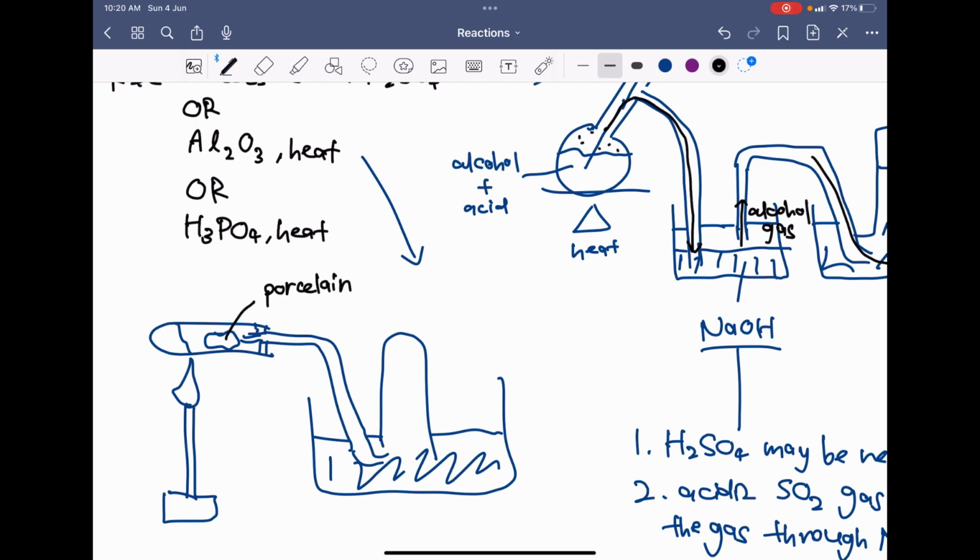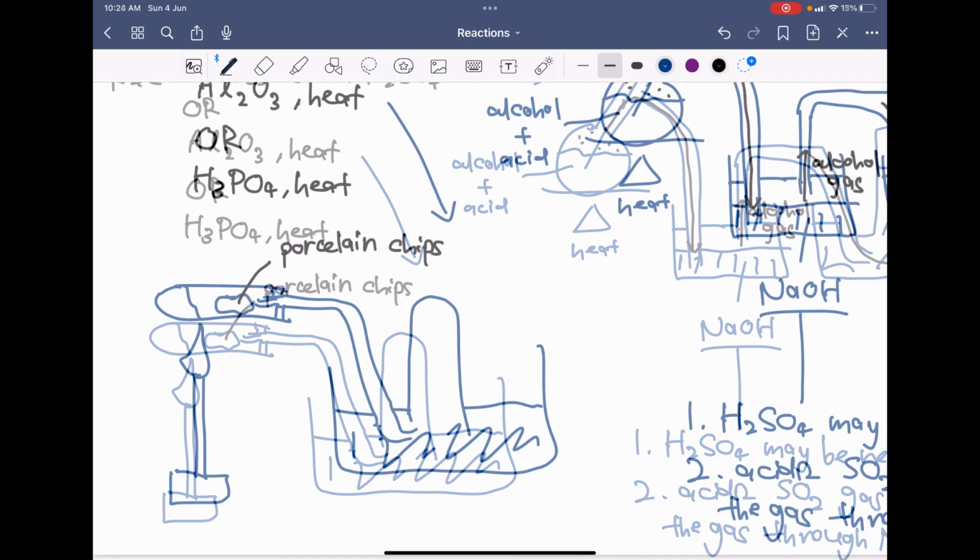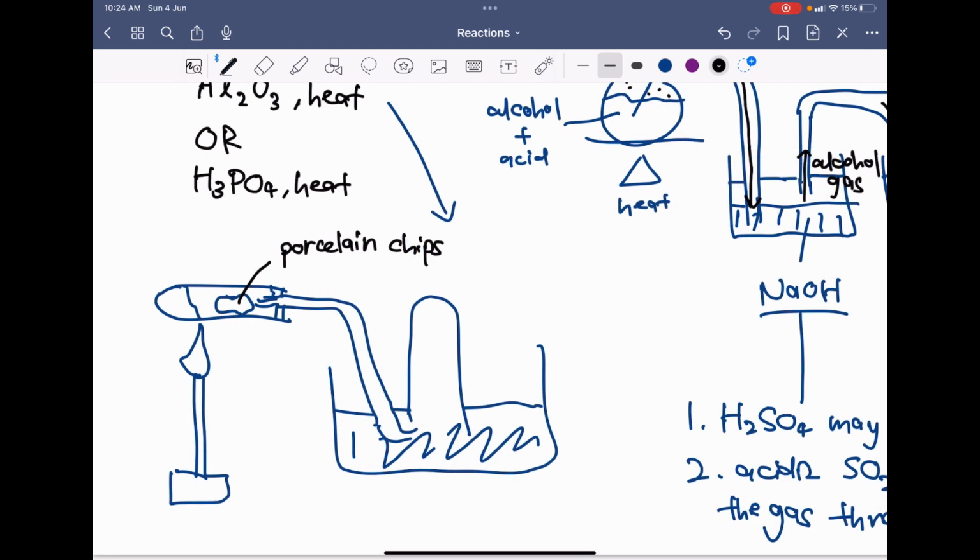Porcelain chips, and here is your alcohol. And this alcohol is actually soaked in mineral wool, but you don't really have to know that extent. So the whole idea here is this alcohol gets heated up through the porcelain chips. This porcelain chips is the hot Al2O3 because, you know, it's heated.